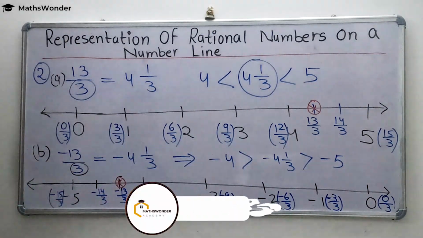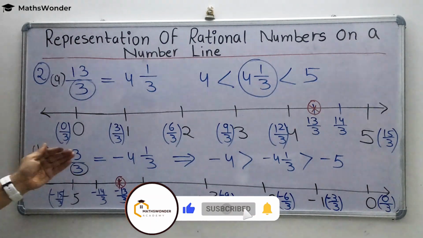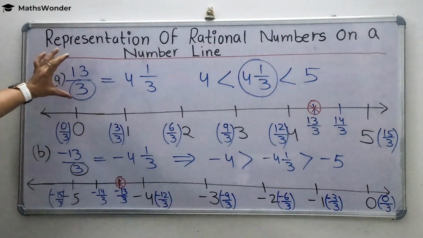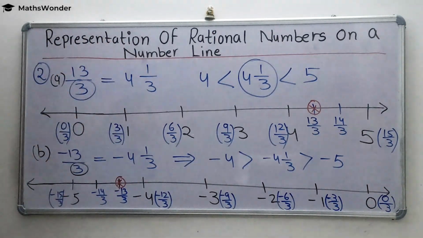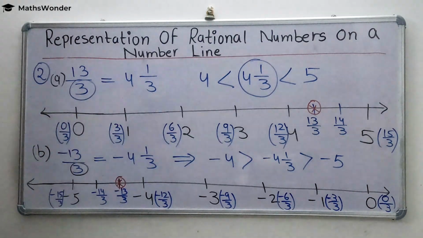Understood the concept? Whenever you have to represent a positive number, you start with 0 and draw 0, 1, 2. But this mixed fraction gives you the idea where your number lies. Otherwise, with 13 over 3 you can't tell directly where it should lie.